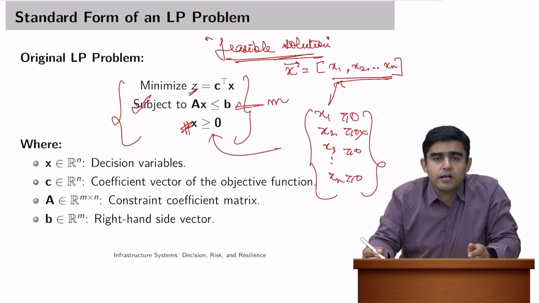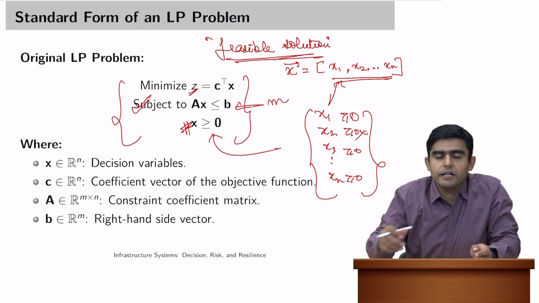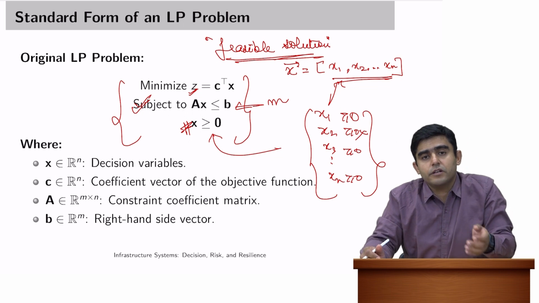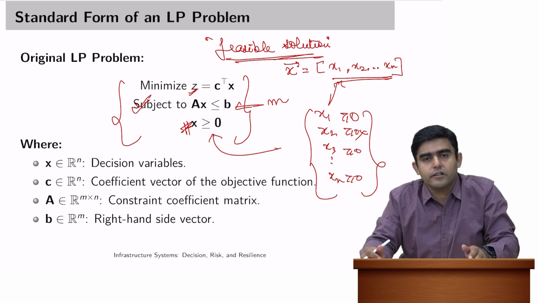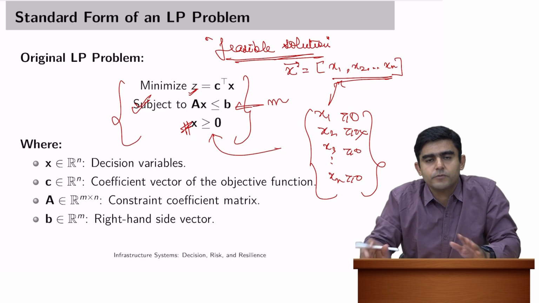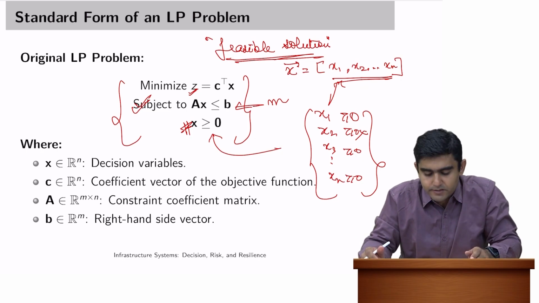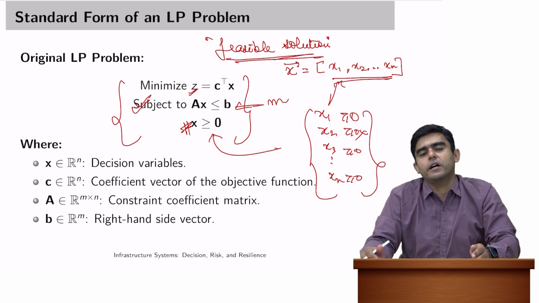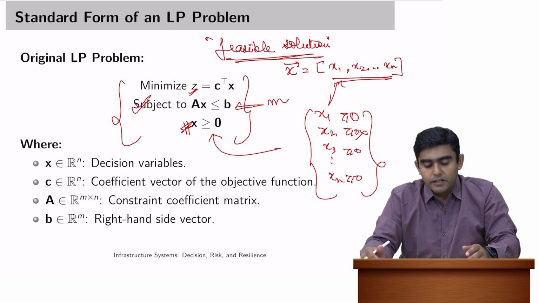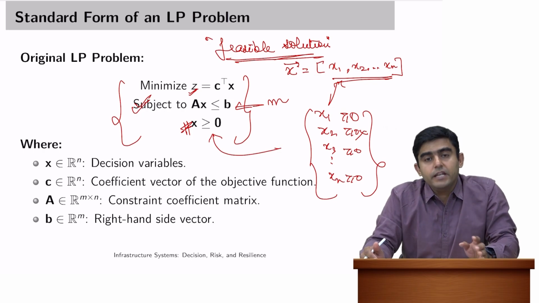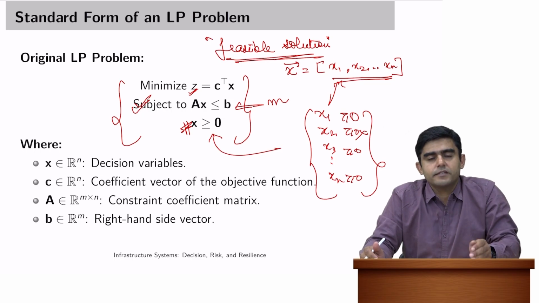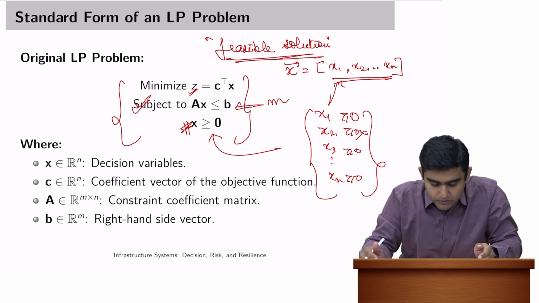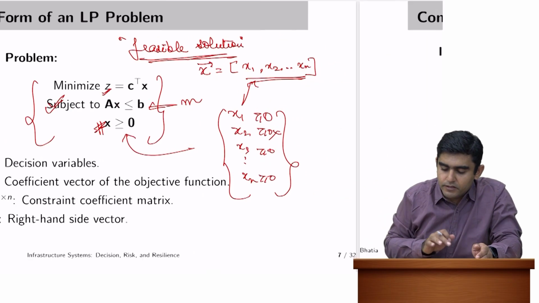If a situation arises where your variables are indeed less than or equal to 0, we also have a way to work around that and convert them to positive values, but we will worry about those special cases later. The point that I'm trying to highlight here is that we can express any linear optimization problem in standard form by certain mathematical operations that we will learn in our subsequent discussions.